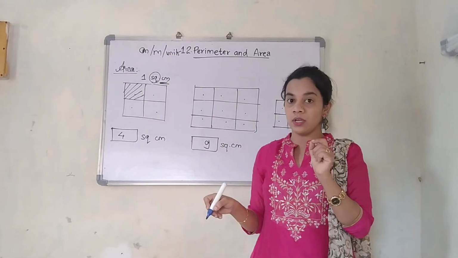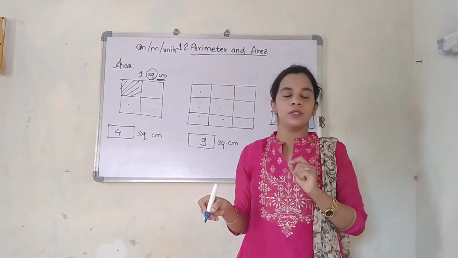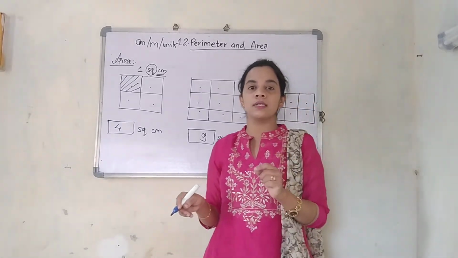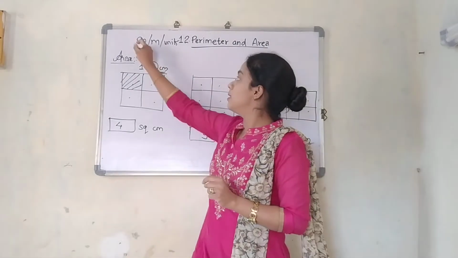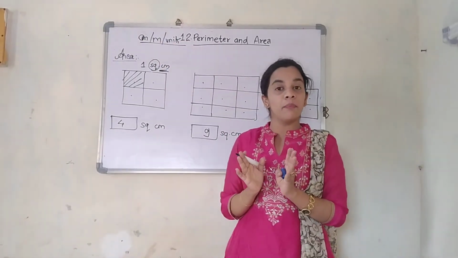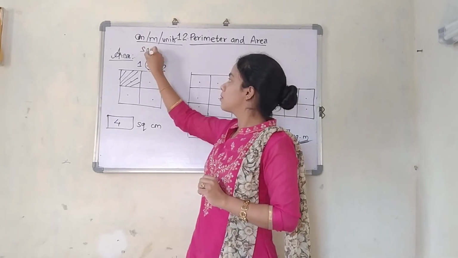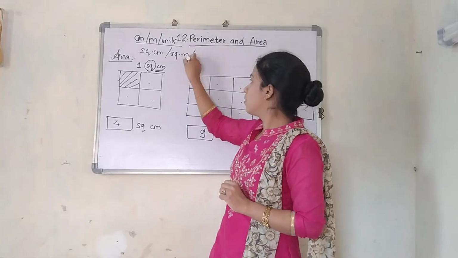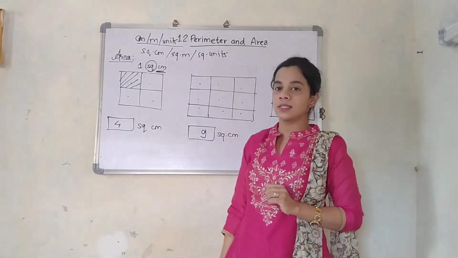Compulsorily they are used. Without units, you cannot write the answer. Unit is necessary. You are going to lose marks if you do not write it. This is the unit for measuring perimeter, and for area you are going to use square centimeter, square meter or square units. Is this clear?